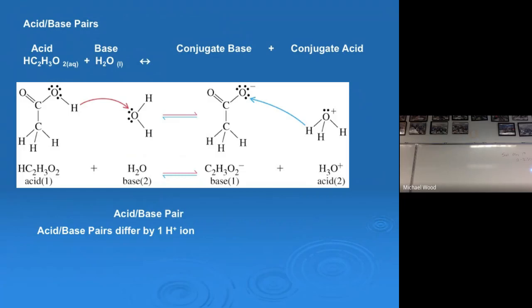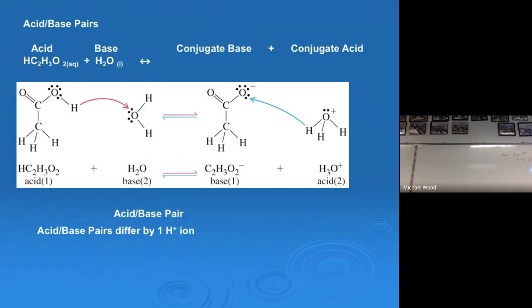The acid has a conjugate base that differs by a single H, and the base has a conjugate acid. Note a little detail here too. When something loses an H, going from C2H3O2 to C2H3O2 negative, its charge decreases by 1.